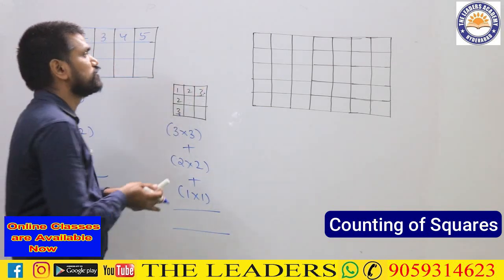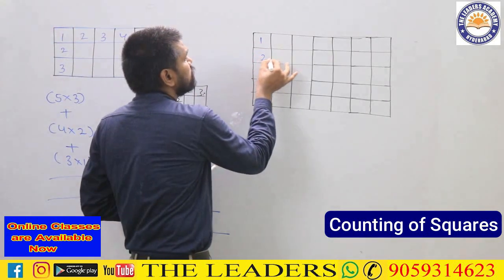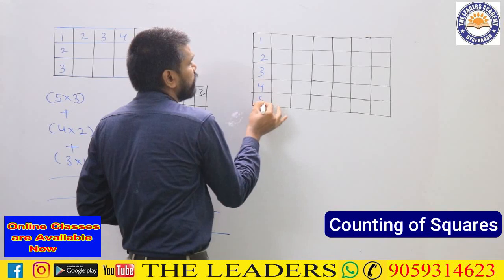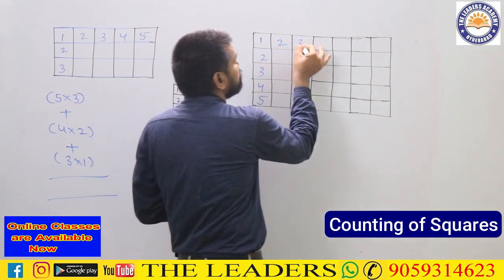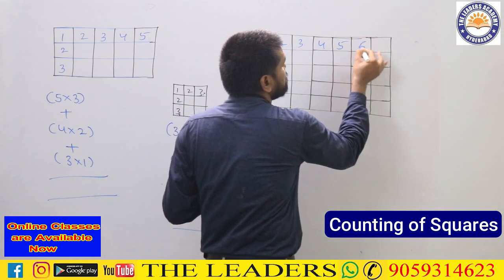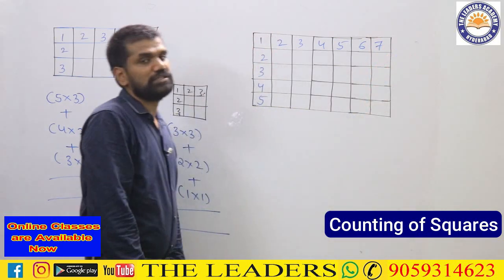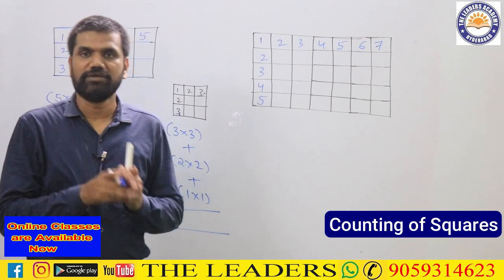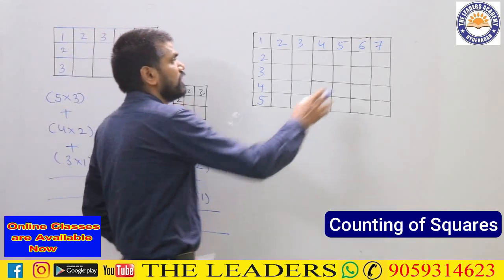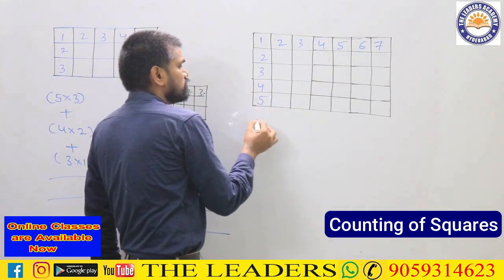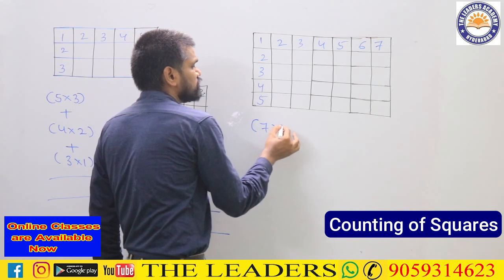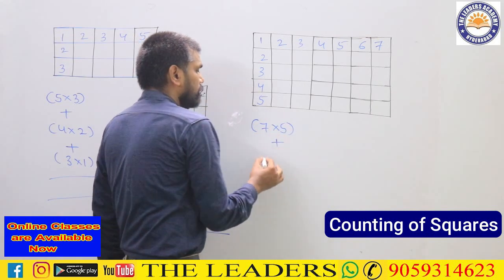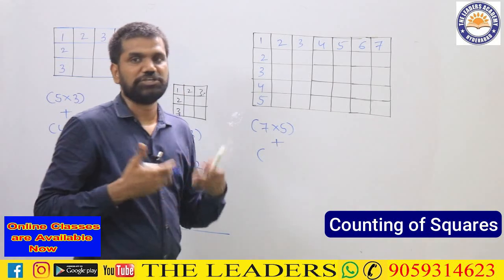Now going ahead with this one, if I represent the numbers, they look like this: 5 vertically, and 2, 3, 4, 5, 6, 7 horizontally. Again, it is a rectangular grid in which I have to count the number of squares. As I have already given the idea, start with the largest and multiply it with the largest, so that is 7 into 5. Plus, next keep on decreasing each term by 1.